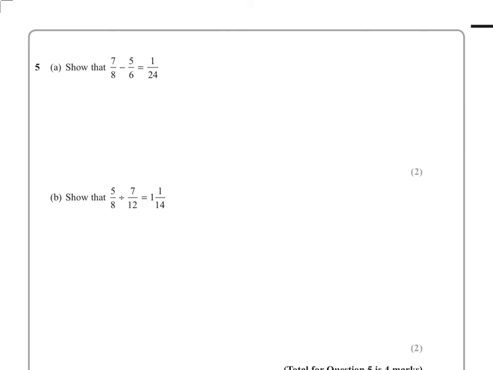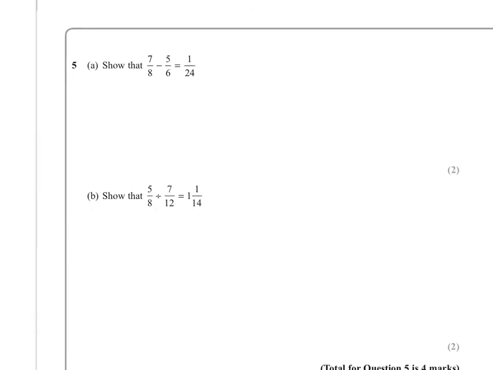Show that 7/8 minus 5/6 equals 1/24. All the marks for this question are in the method. So first of all, if I'm adding or subtracting fractions, I need to find a common denominator. And in fact, they give me the common denominator in the solution here. Common denominator is going to be 24.